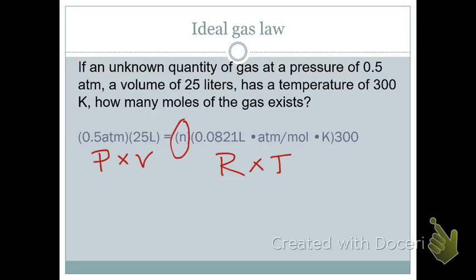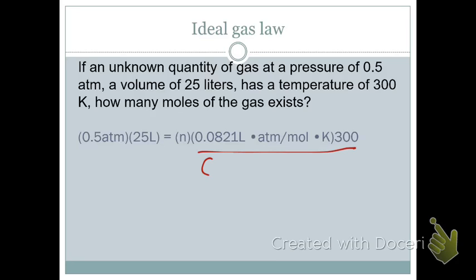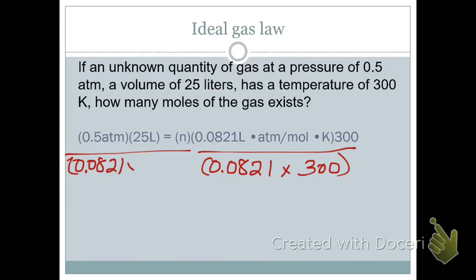In order to solve this, we're going to have to divide both sides by your R value and your temperature. So we're going to divide this by 0.0821 times 300, and this is going to be divided by 0.0821 times 300.